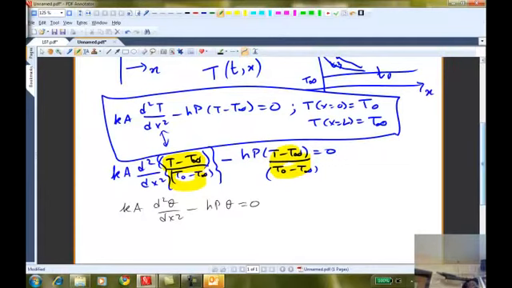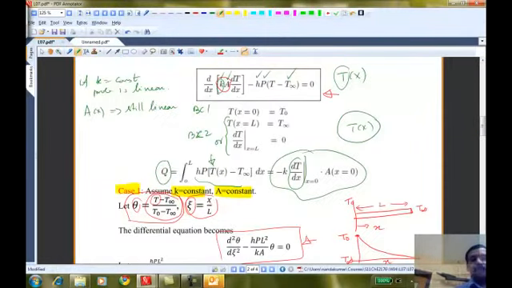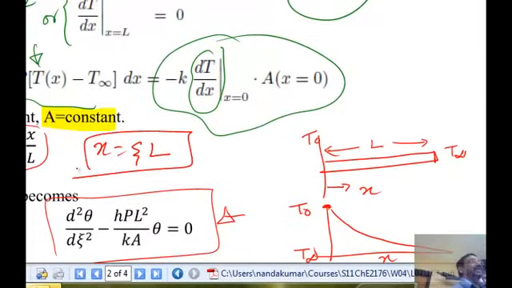Okay. The next step is I need to transform. So I transform the dependent variable from dimensional temperature to dimensionless temperature theta. Now I need to transform the independent variable x. From this equation, I can write x as equal to psi times L, just taking across the L. What is dx?